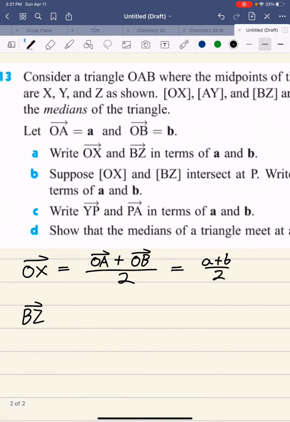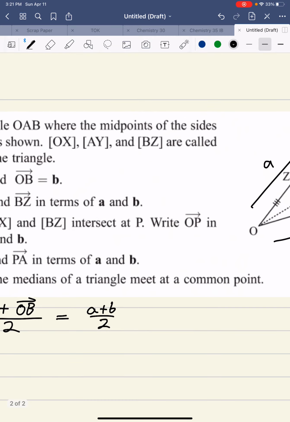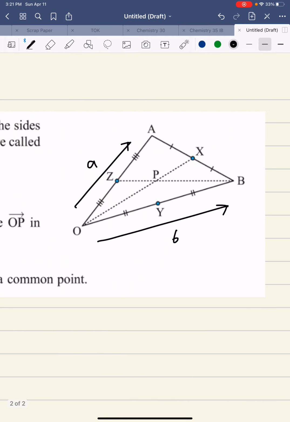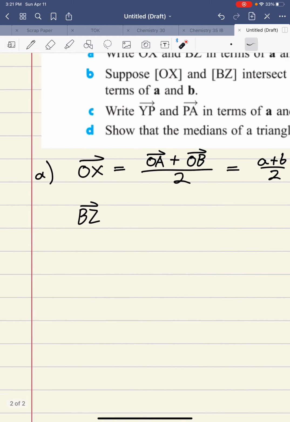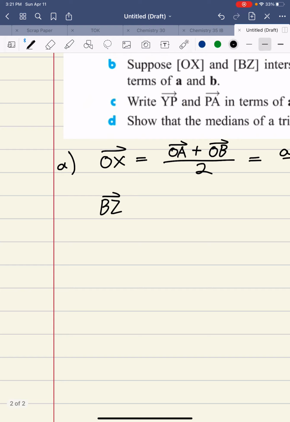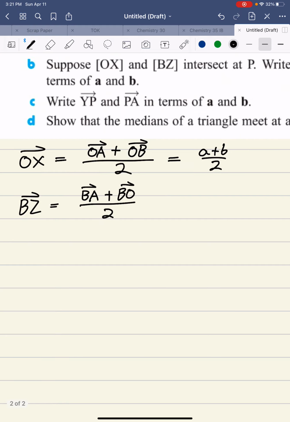Next, if we want to find BZ, we want to find this. So that would be (BA plus BO) divided by 2, because then that leads to this median. So BZ equals (BA plus BO) over 2.